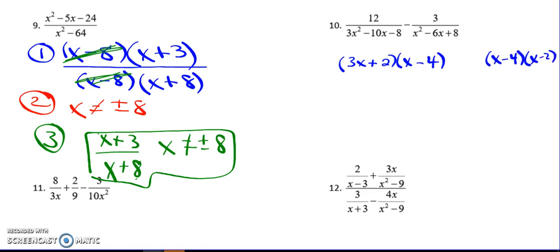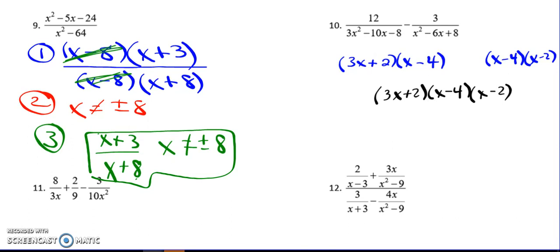So our common denominator is going to be 3x plus 2, x minus 4, and x minus 2 all multiplied together. That's my common denominator. So if that's my common denominator, I'm going to multiply by my missing piece.